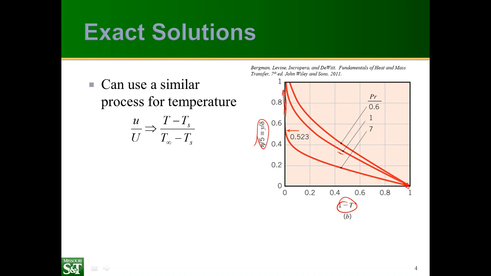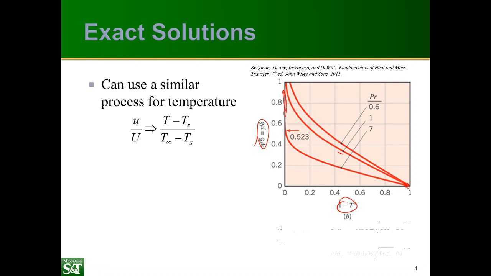If the Prandtl number is smaller, you can see that the thermal boundary layer actually extends further into the flow than the velocity boundary layer, because the fluid conducts the energy more easily than it moves the momentum from the wall. And if you have a high Prandtl number, the thermal boundary layer is smaller because it's less able to move energy than it is momentum.